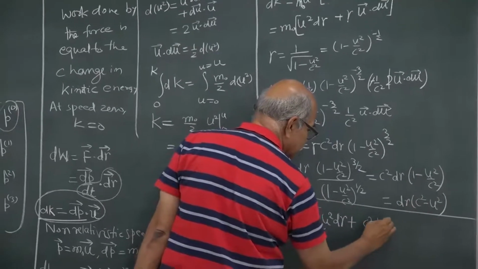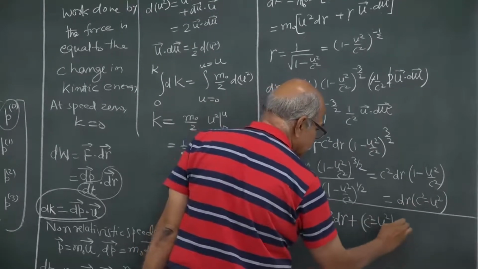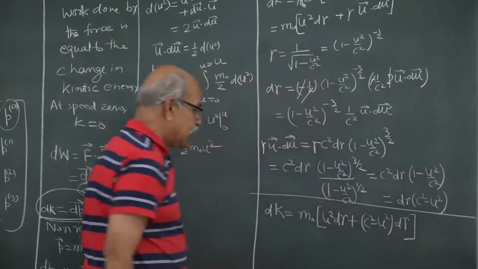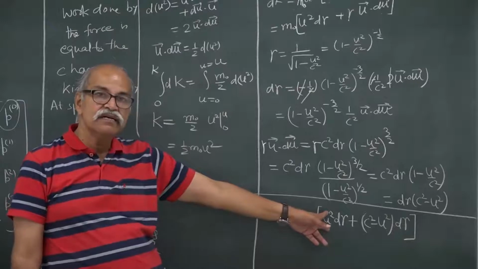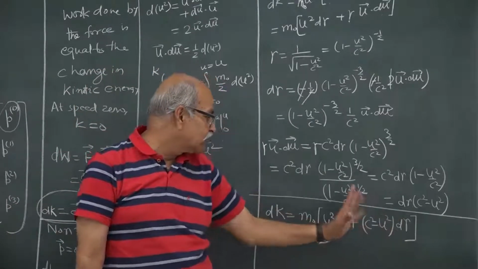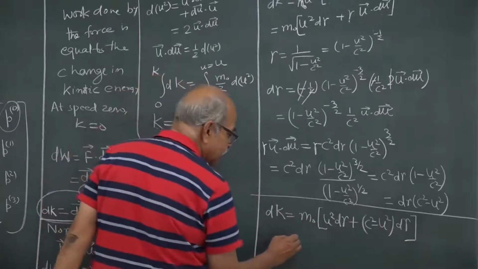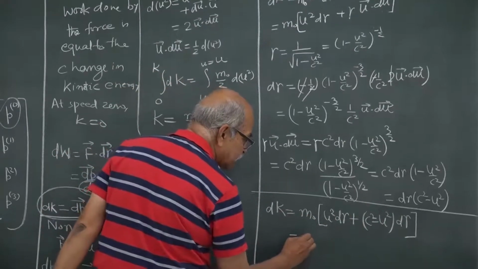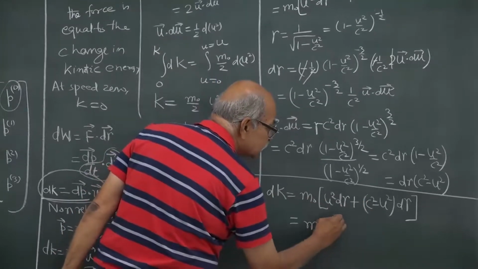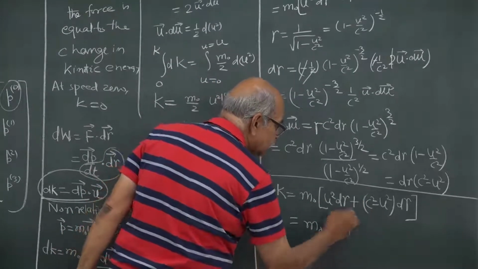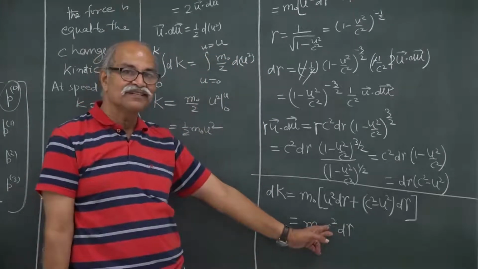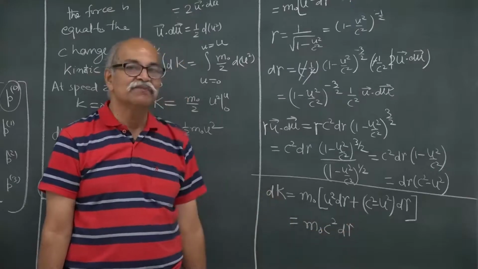The u square d gamma here and minus u square d gamma here cancel out, and you are left with a very simple looking expression, m naught times c square times d gamma. This is constant, this is constant, and you just have d gamma.